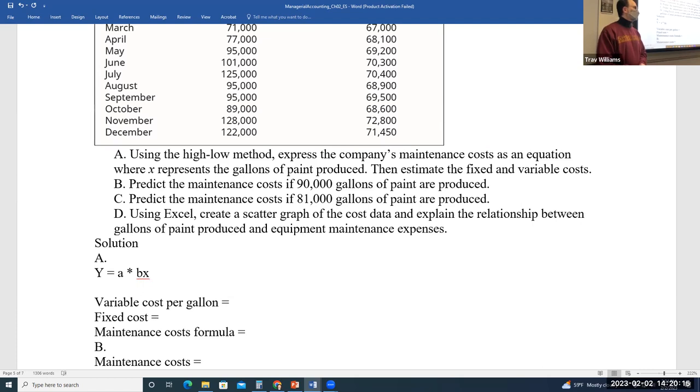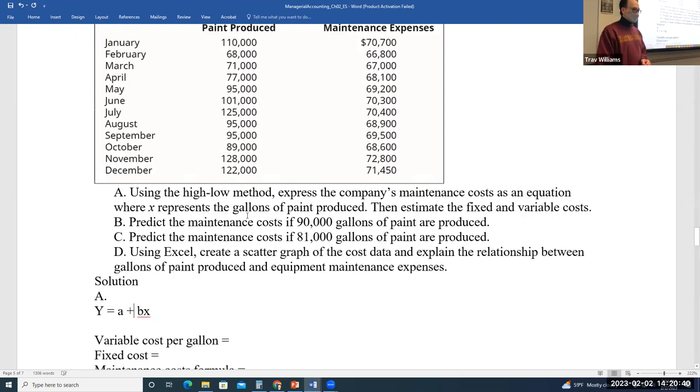Total cost equals total fixed cost plus variable cost per unit. Perfect. The total cost equals the total fixed costs plus the variable cost per unit times the number of units. Excellent. Zach? Should that asterisk be a plus sign? Plus. Thank you. You're right. It is a plus sign.